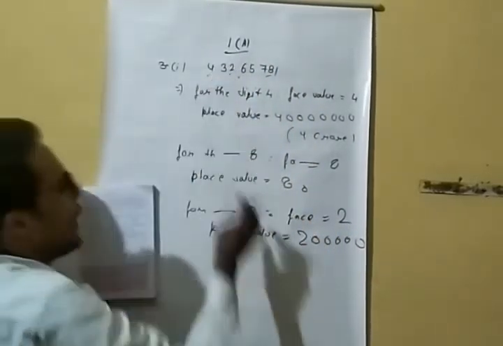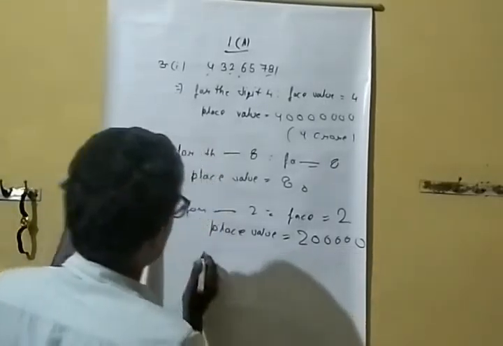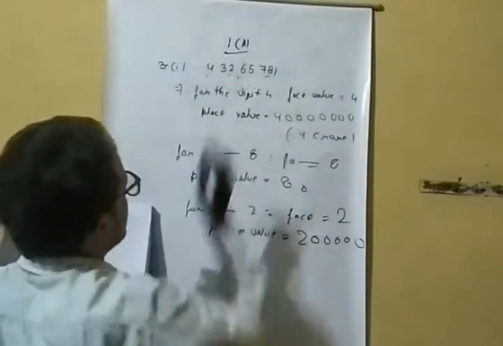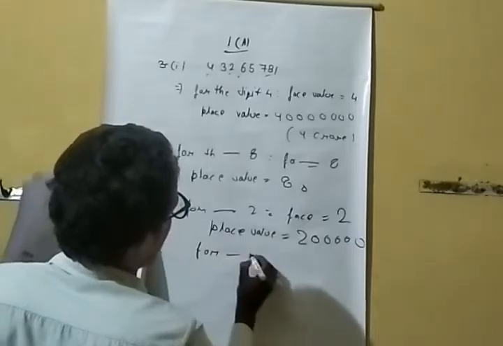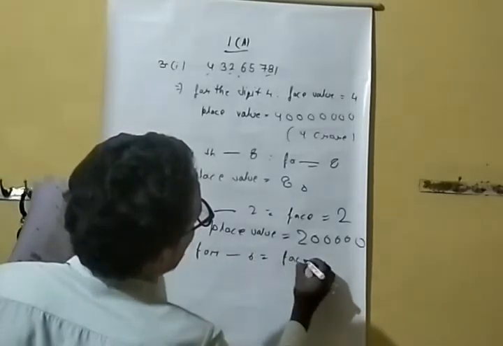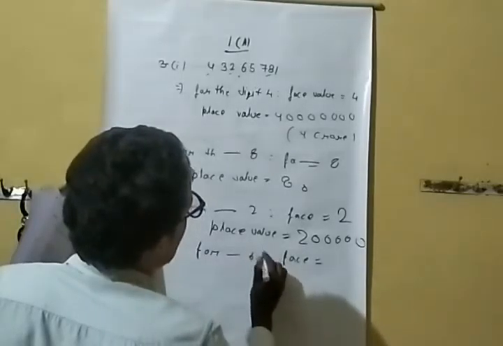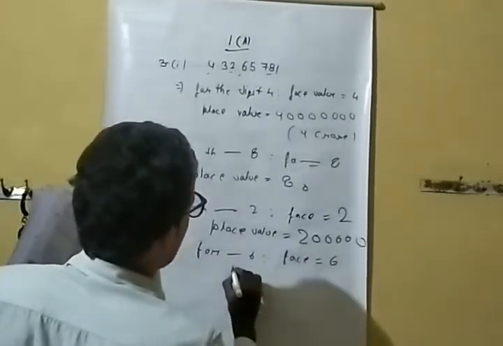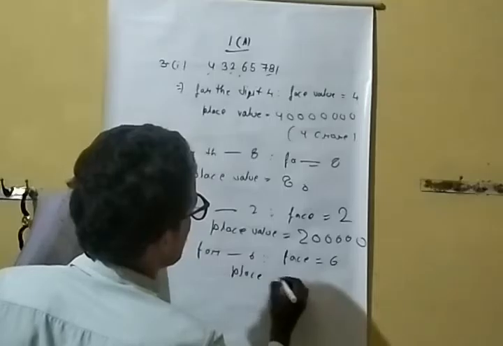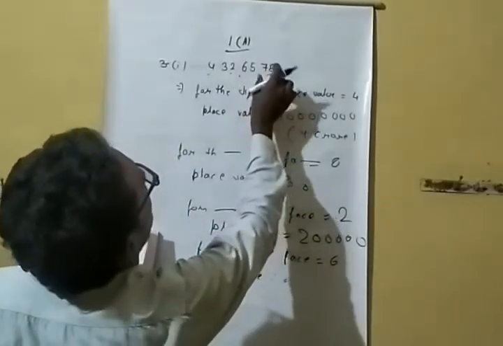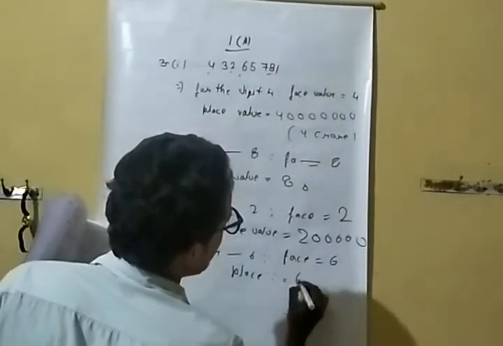For 6, the face value is 6 itself, and the place value is 6 followed by 4 zeros.